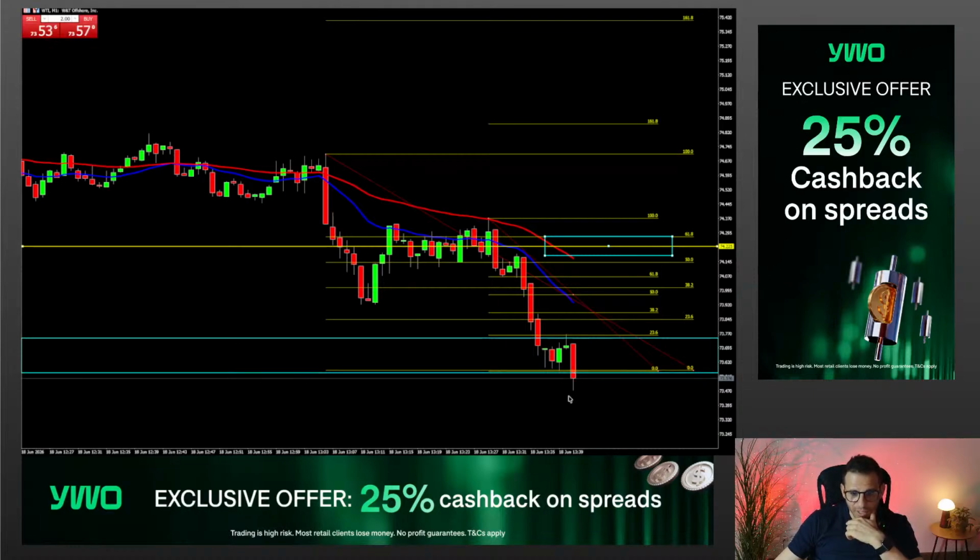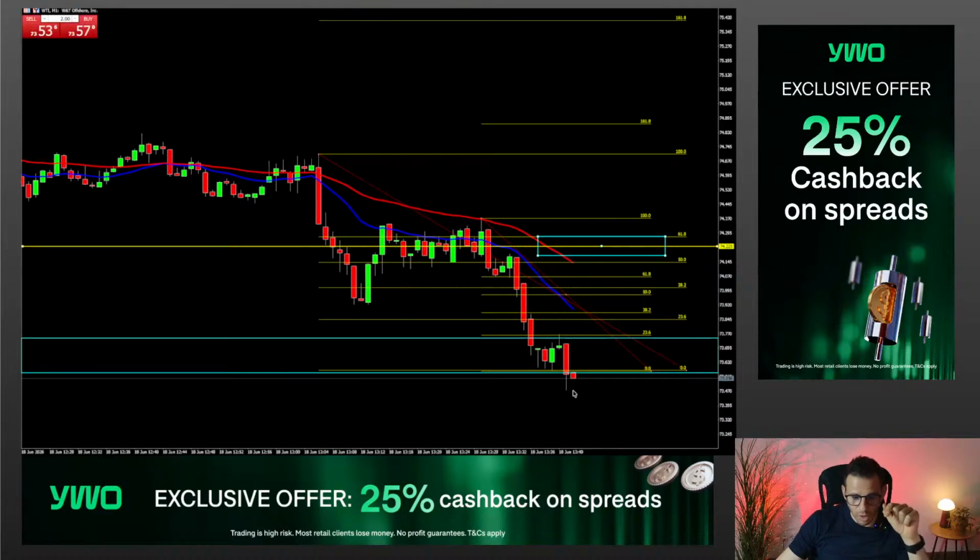Let's see if we're going to have a continuation and a follow through. If the price will sustain its falling momentum here, we're going to see gold pushing to the upside. So this is the correlation between these two.